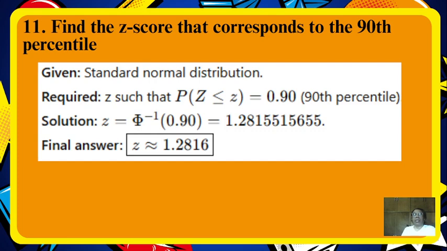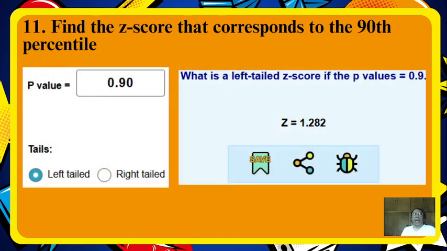The solution is the inverse of our tau, 0.90. The answer is 1.28155. Our final answer is our z-score is approximately 1.2816.